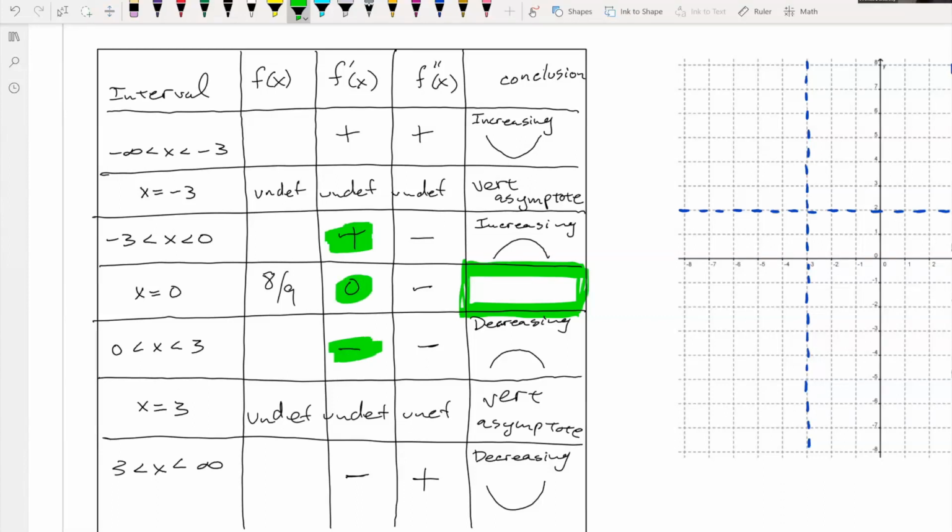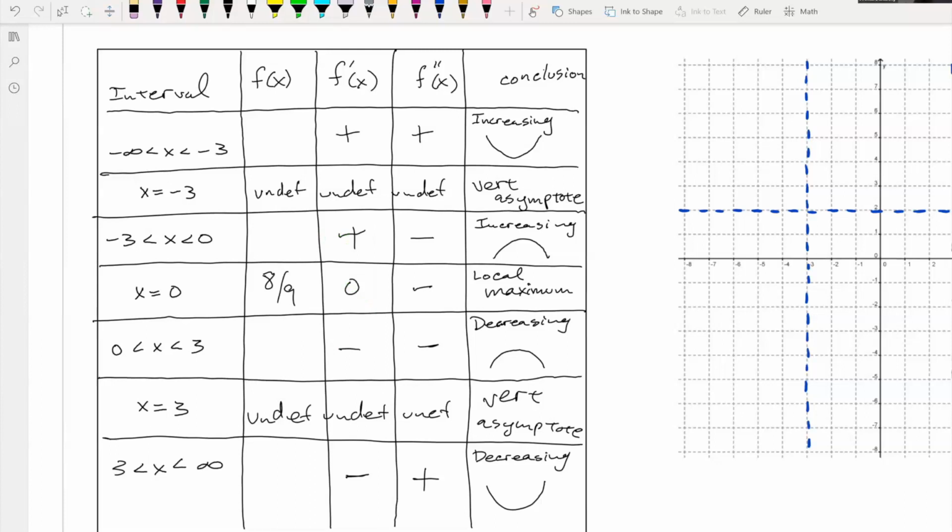So what does that mean using the first derivative test? We have what there? A local max? Exactly, a local maximum. That's exactly right.